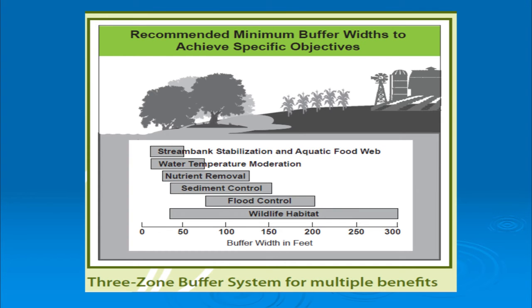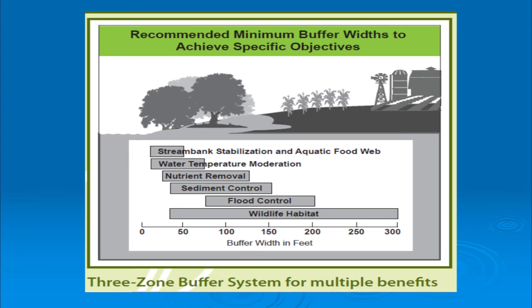So if you have the room, again, riparian buffers really are for people who live in more rural environments, but sometimes even in suburban areas, you have the opportunity. If you're just looking at stabilizing the stream bank and the aquatic food source, you can do it between 25 and 50 feet.